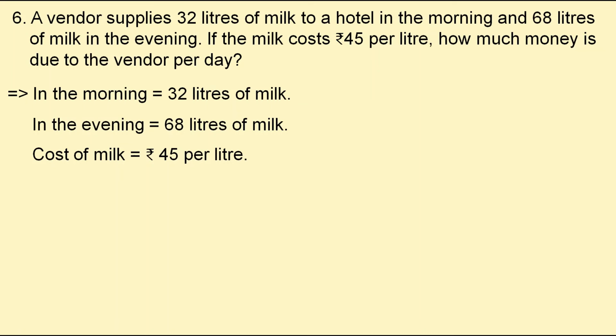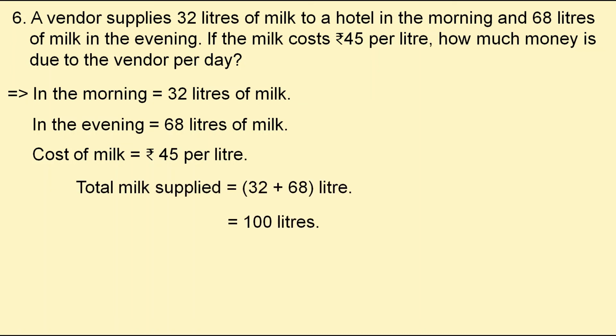Okay, so first we will total the milk. So total milk supplied is 32 plus 68, which is equal to 100 liters. Now to find the amount, we have to multiply the 100 liter into 45 rupees.